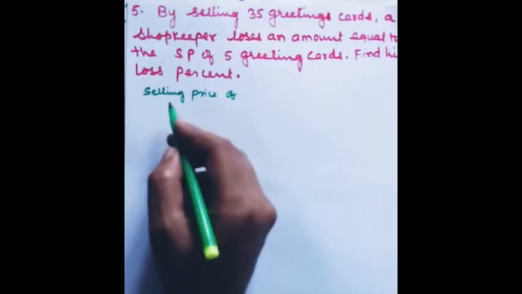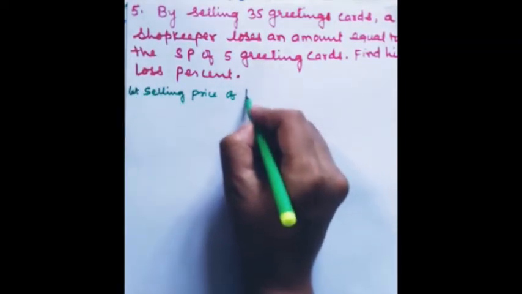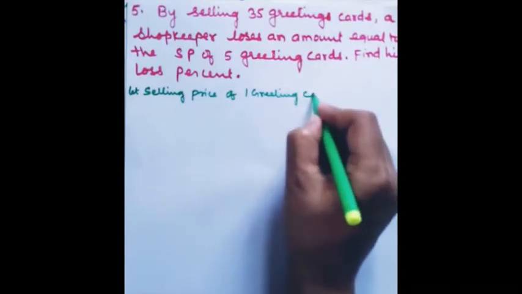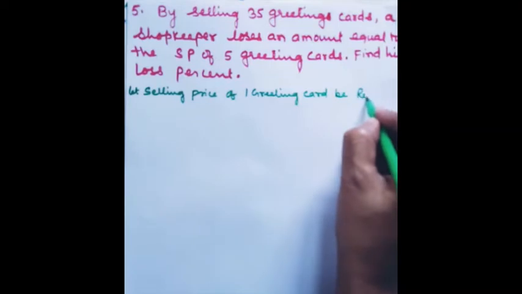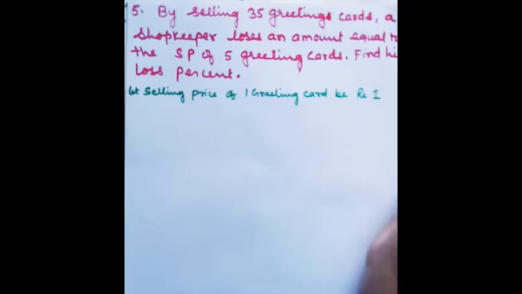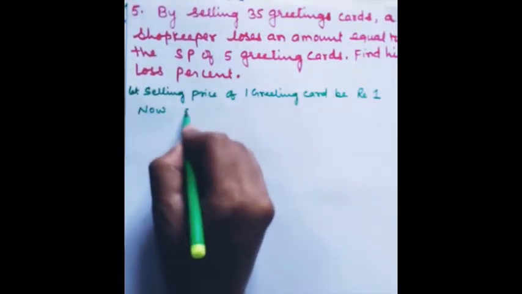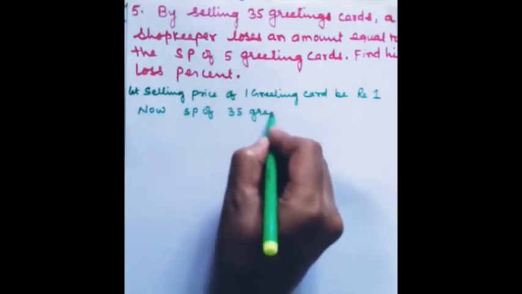Now let us say that the selling price of one greeting card be, I am taking rupees 1. You can take X also if you want. Okay? Be rupee 1. Now SP of 35 greeting cards will be how much?